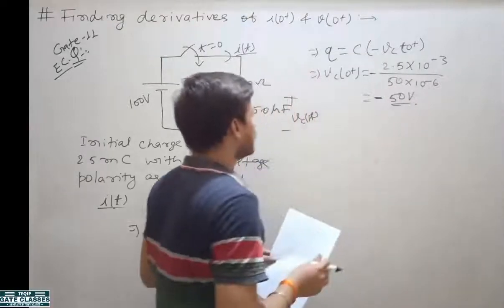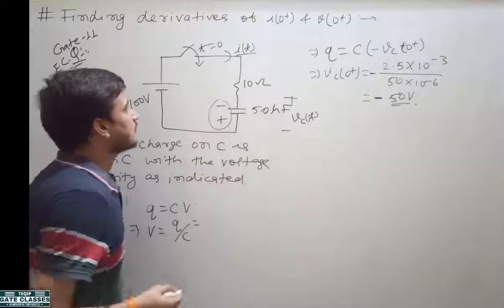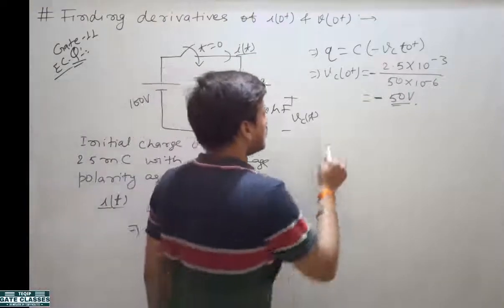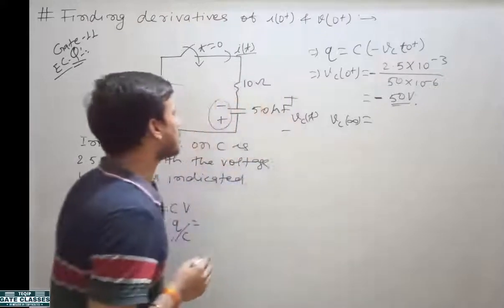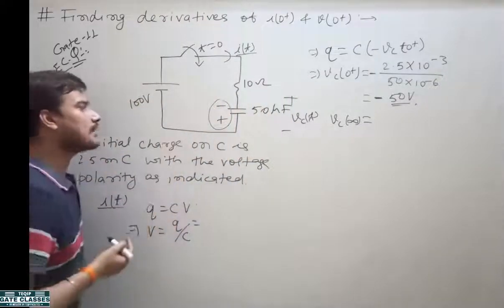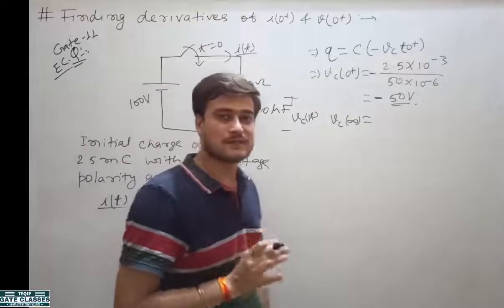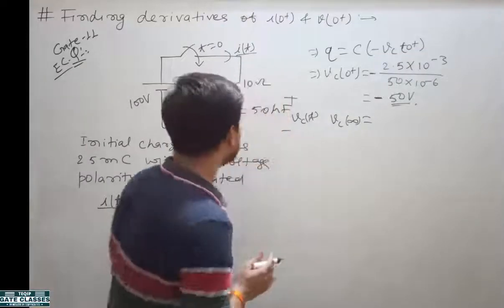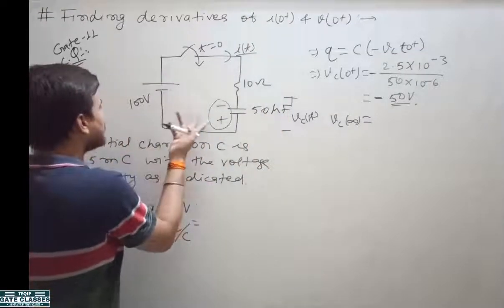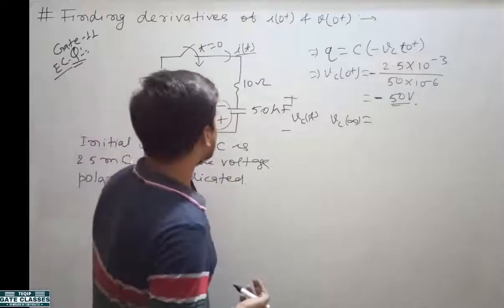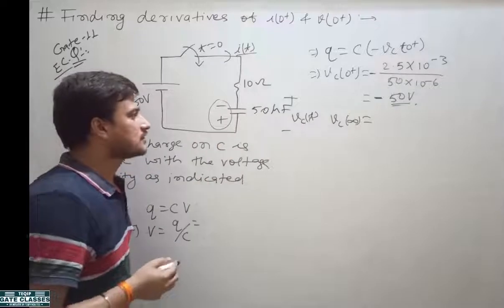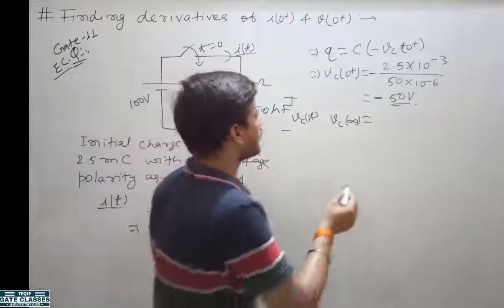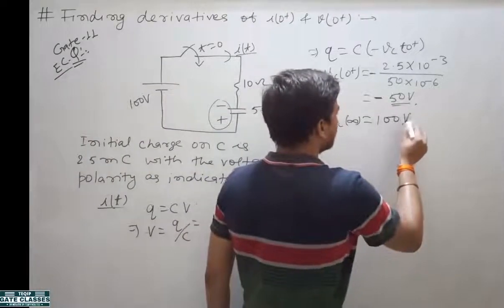Clear? Now we'll close the circuit and write Vc(infinity), because to write the expression for current i(t), we'll have to find the expression for Vc(t). Infinity means the capacitor will be completely charged, so Vc(infinity) will be equal to 100 volt.